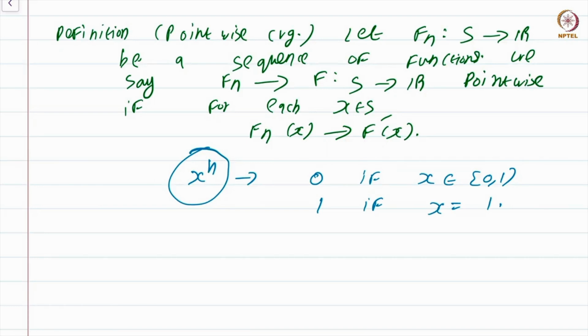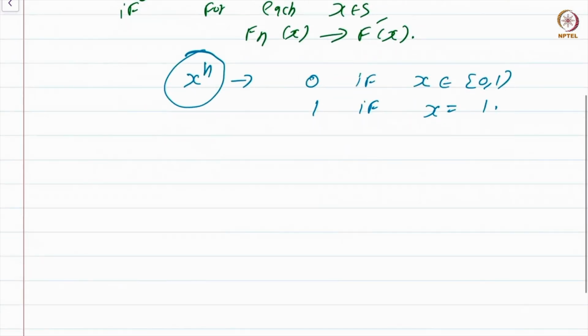So what we are going to now do is reverse engineer and try to find some appropriate condition that will guarantee that the limit function is continuous. To do that, let's see what goes wrong if we naively try to prove that the limit function is continuous. We consider f_n converging to f pointwise.